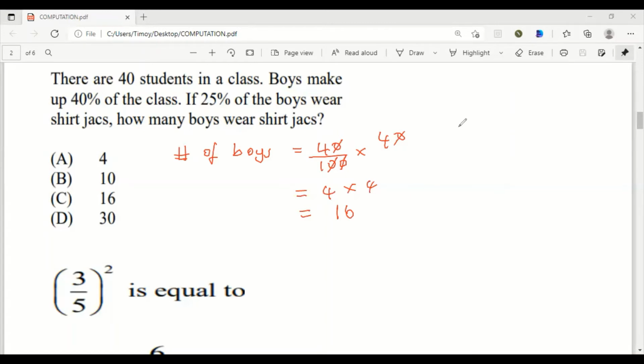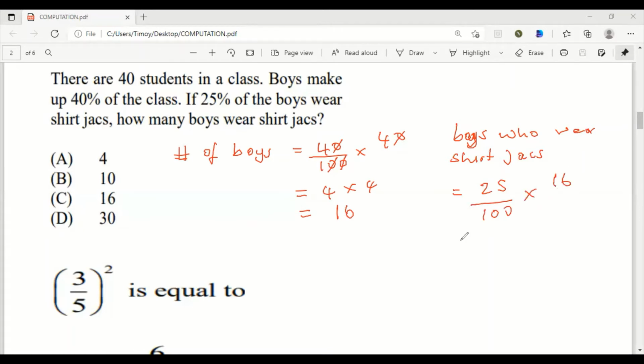So we know that boys who wear shirt jacks is going to equal 25%. 25% is just 25 over 100 of the number of boys, which is going to be 16.